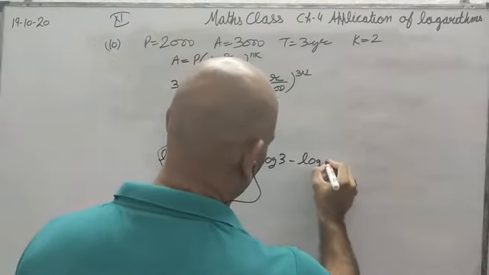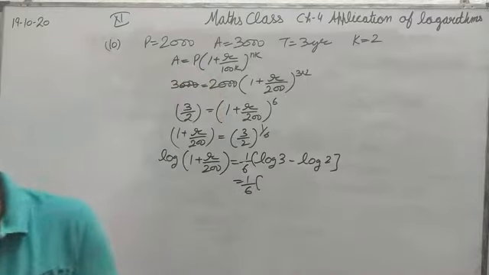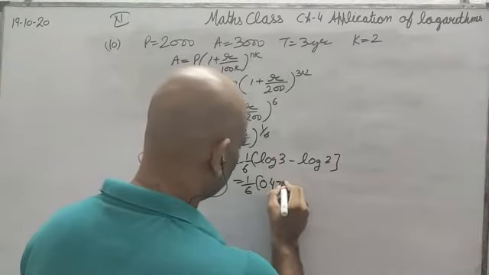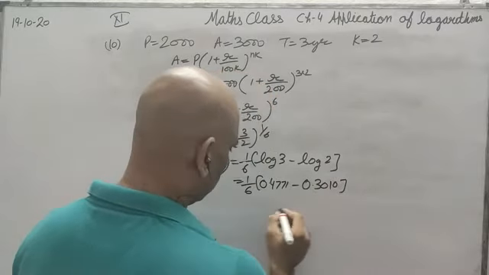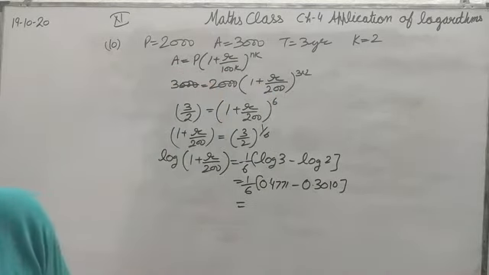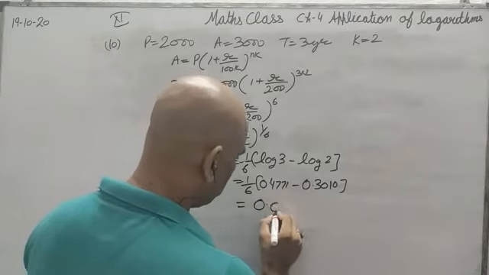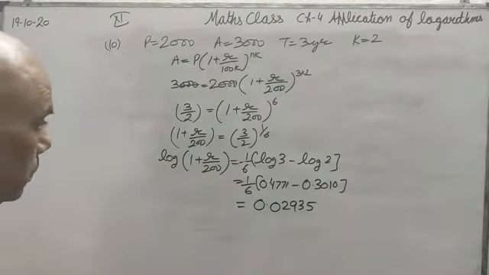It is given, 0.4771, and log 2 is 0.3010. I will subtract both and divide by 6, so I am going to get 0.02935.